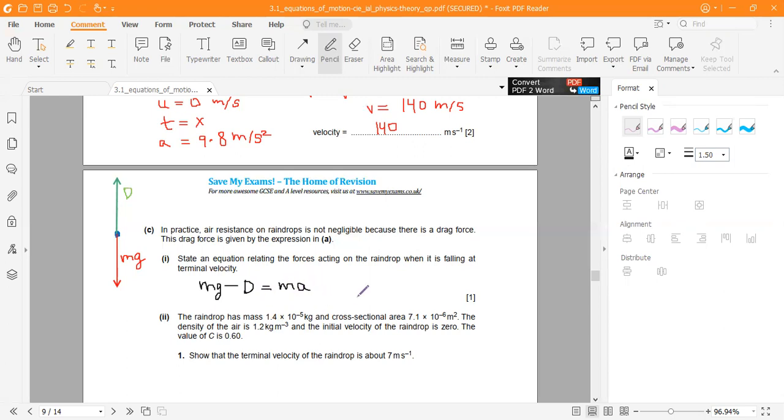So this will be my equation. Or I can just say W minus D is equal to ma.